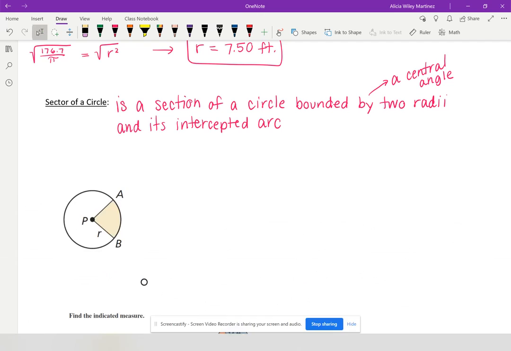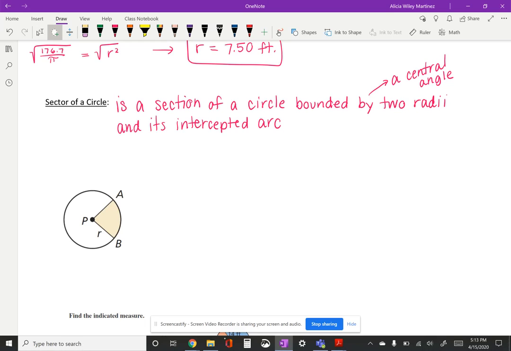So let's look at a picture of what it is. Here we have two radii. We have one here and one here. The intercepted arc could be arc AB, right? That's the arc. Intercepted means like intersected. And this whole part that is shaded, and I'll shade it in again in pink, would be an example of a sector.